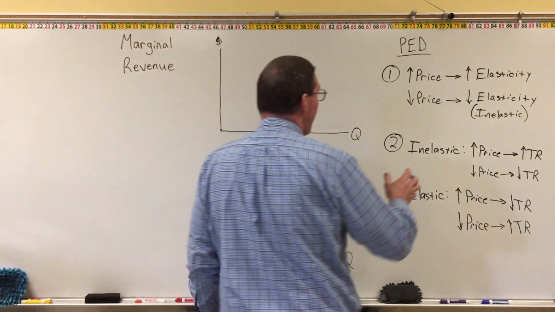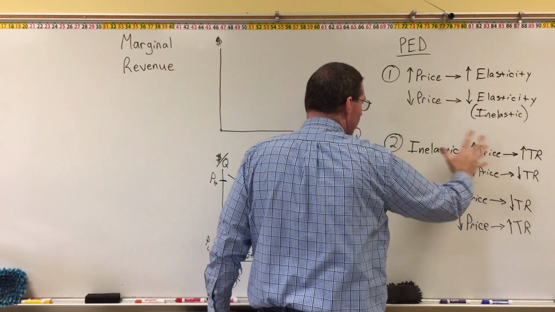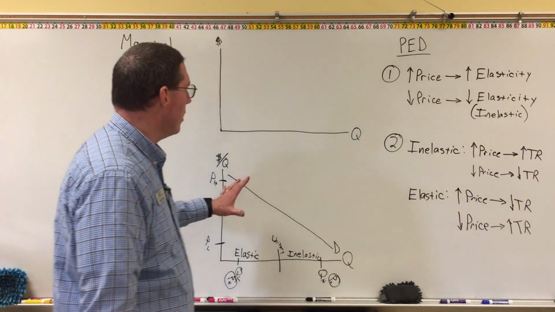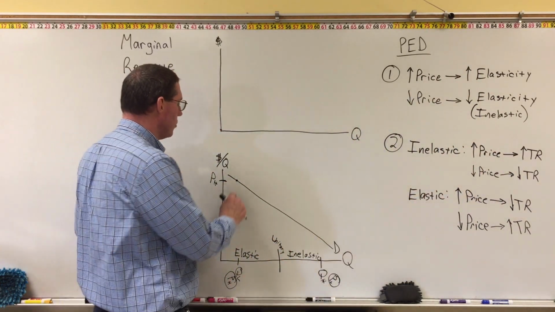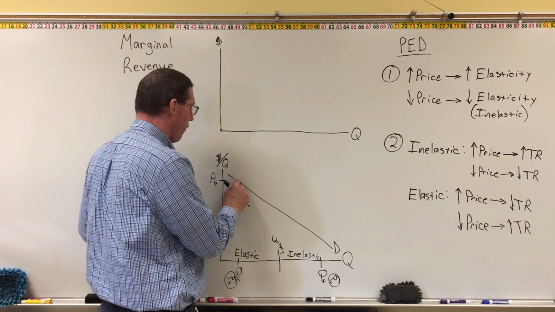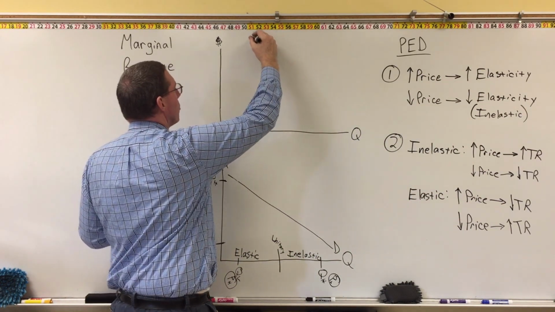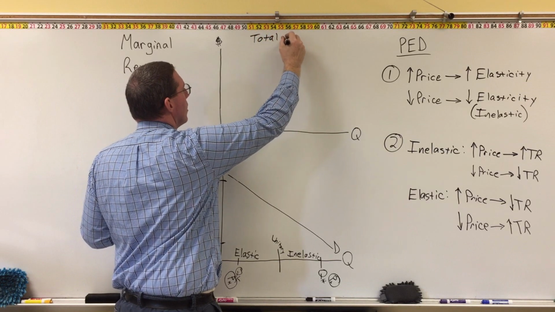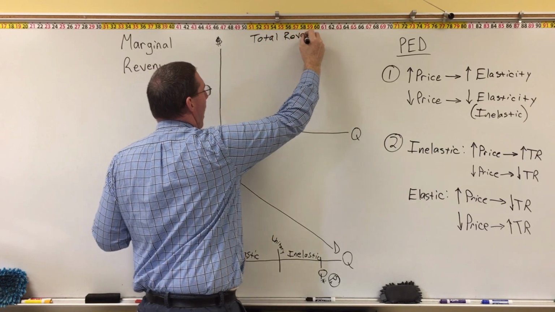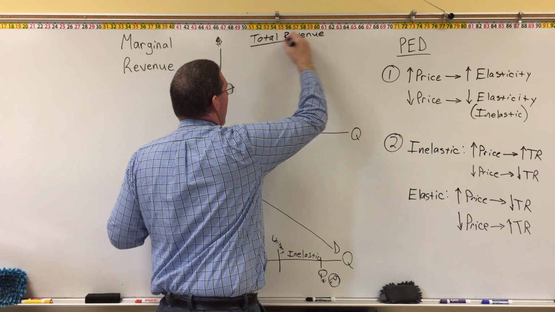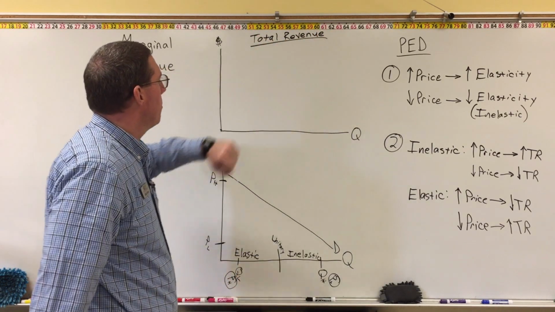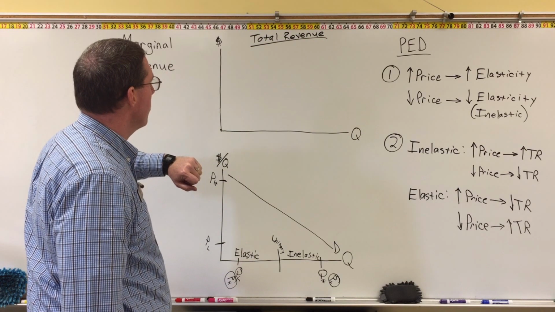And so we are going to take this idea, and we're going to come over here, and let me tell you what I want to create a graph for. Up here, I want to create a graph for total revenue. I want to get an understanding of the actual graph for the total revenue that a company is going to experience.